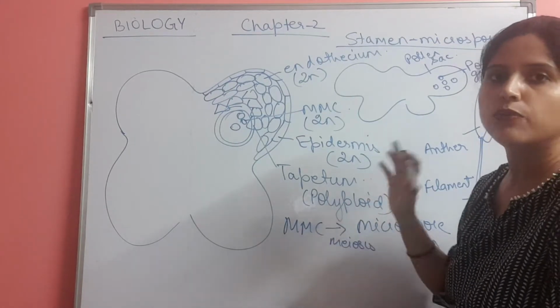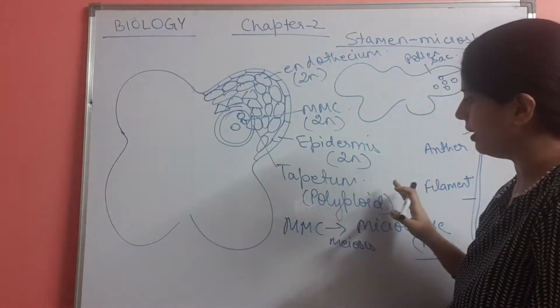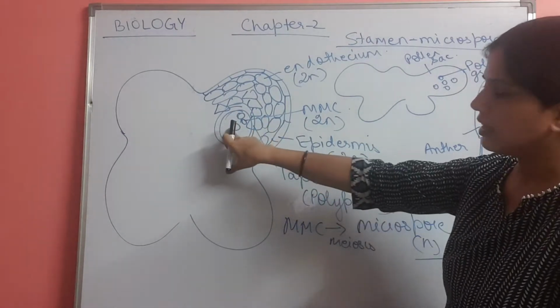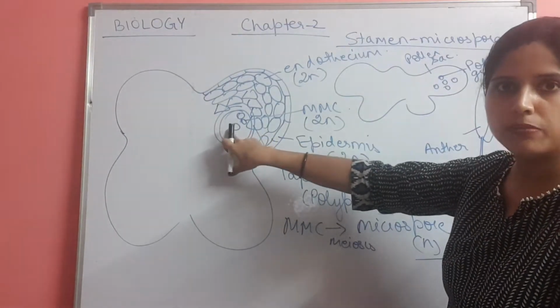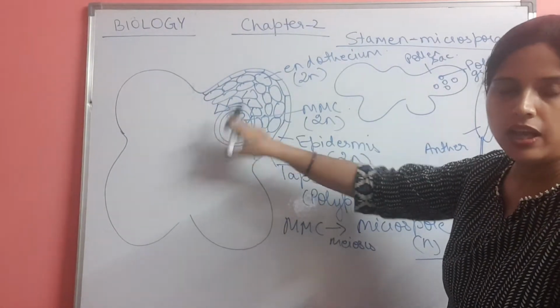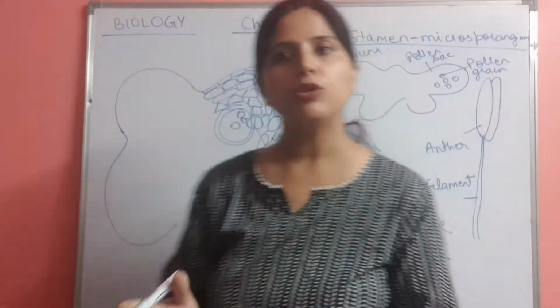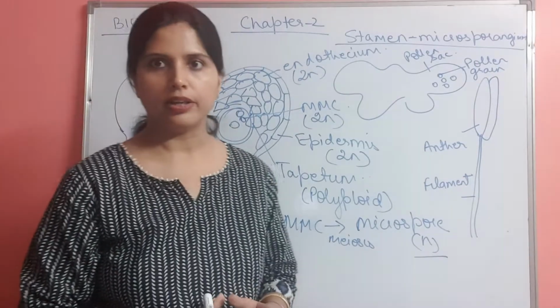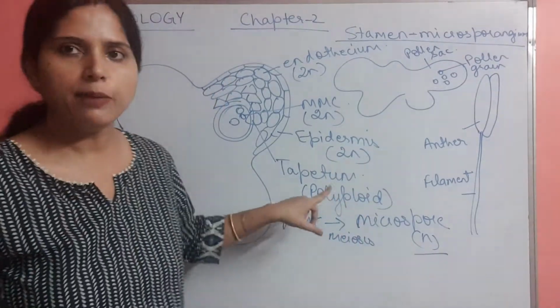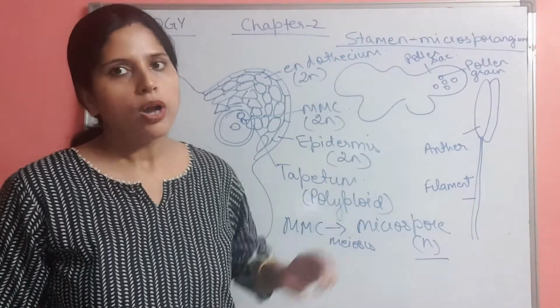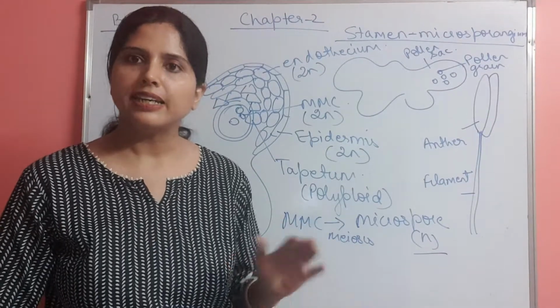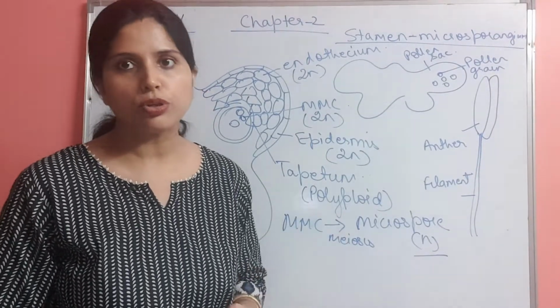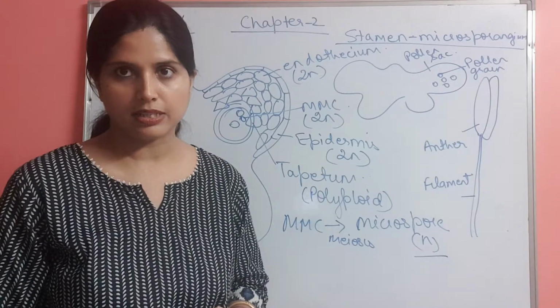I will tell you the reason why it is so also. After polyploidy, inside here will be present the microspore mother cell, which is diploid in nature. Microspore mother cell after meiosis is going to give rise to microspore, which is haploid in nature. Why is it polyploidy here? Polyploidy is there because it provides nutrition to the microspore mother cells.